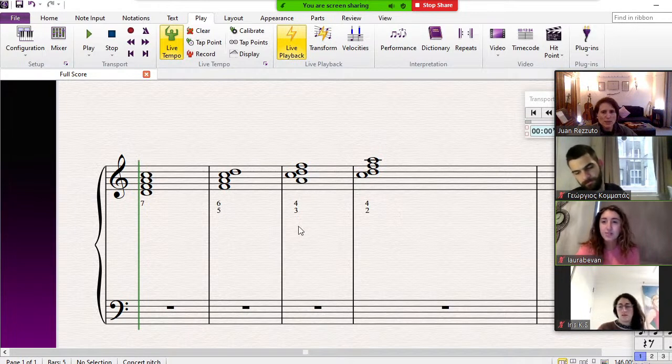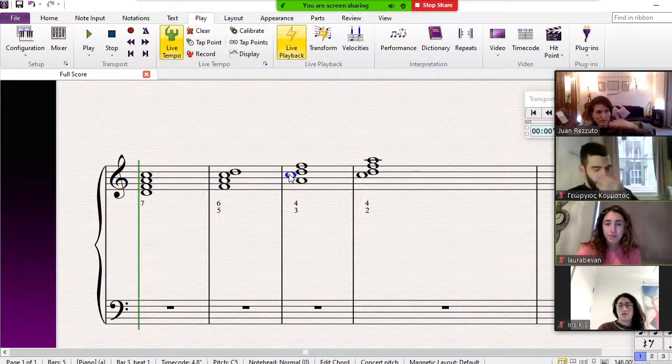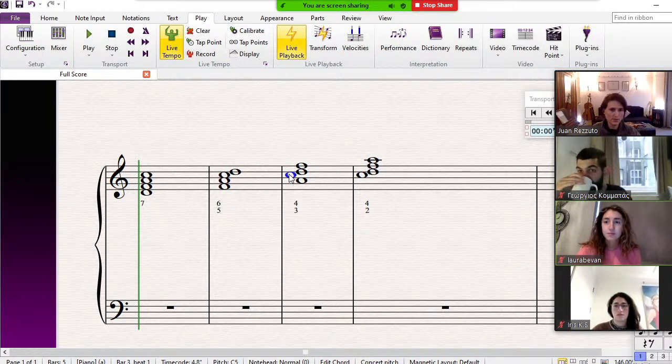That's why you have 4-3. You have 3 first. That's why the third is on the lower. I'm saying this because this order has a logic. You don't put 3-4, you put 4-3, and you say 4-3. This is how you call the chords. 4-3, 6-5, 4-2.